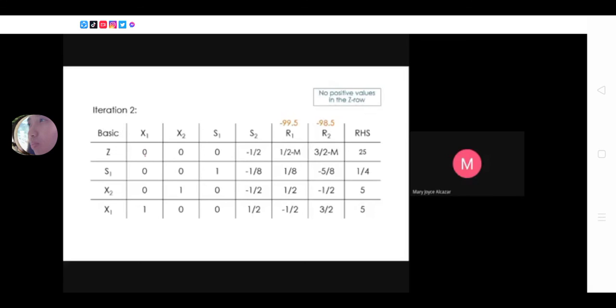So we're looking for positive values since this is a minimization problem. If this is a max problem, you need to find the most negative value. So if this is a max problem, the R1 will be an entering variable. But since this is a minimization problem, and since there are no positive values in the 0, the iteration ends.